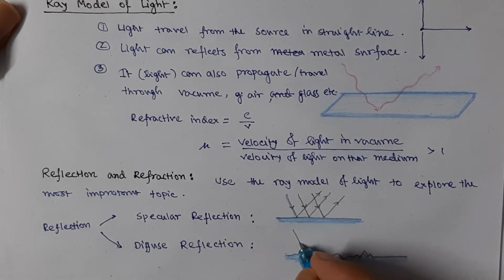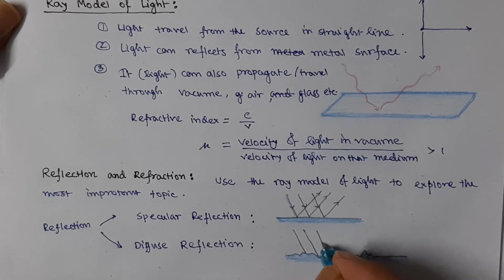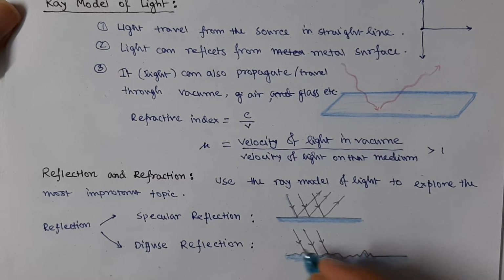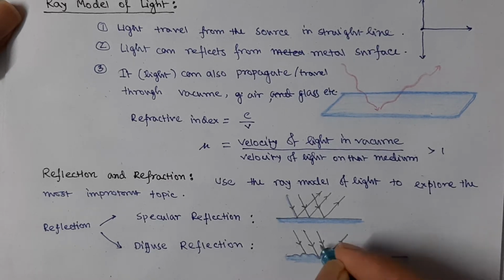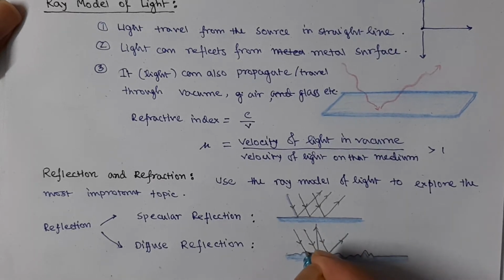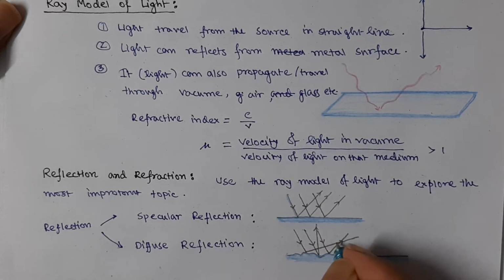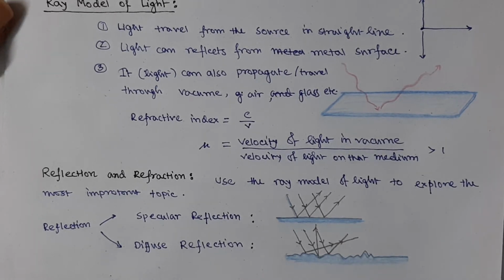So when a parallel beam strikes the surface, these are the incoming rays, and the outgoing rays are not parallel to each other. It will be like this, and this is ideal for watching things.